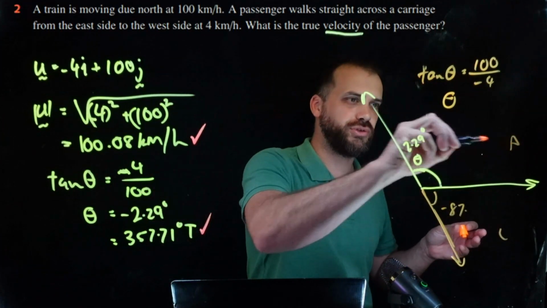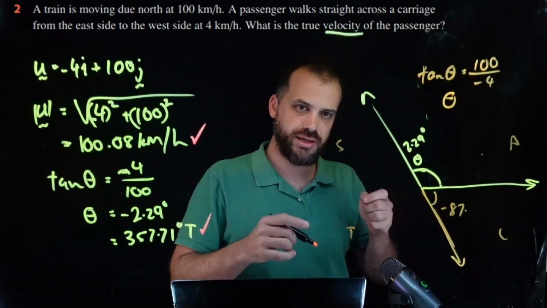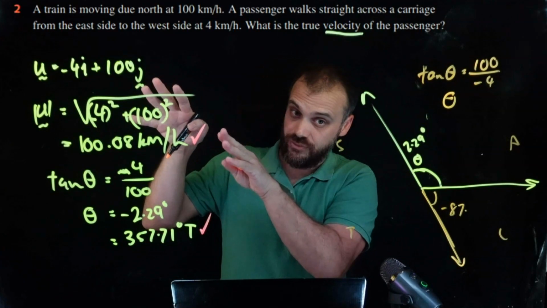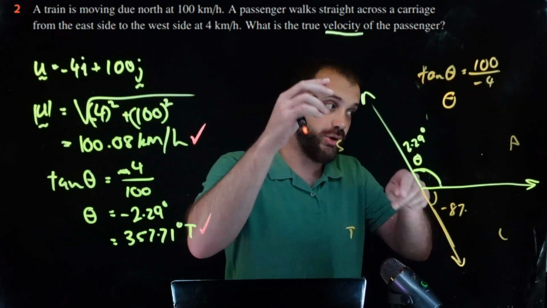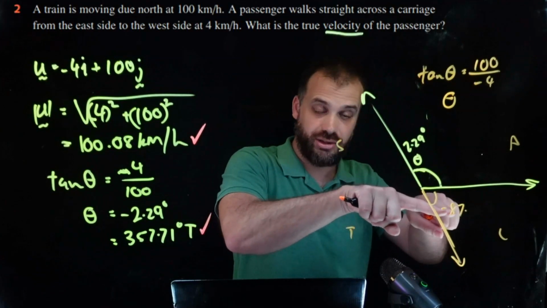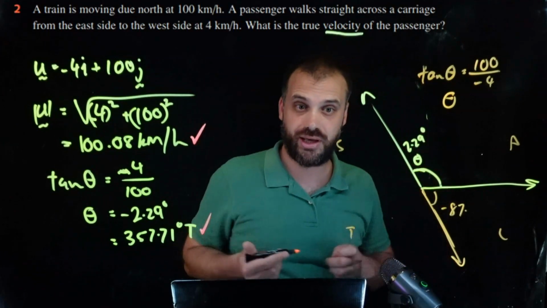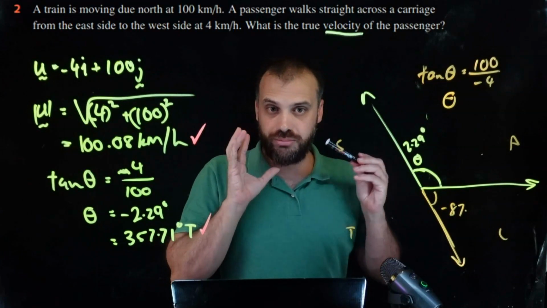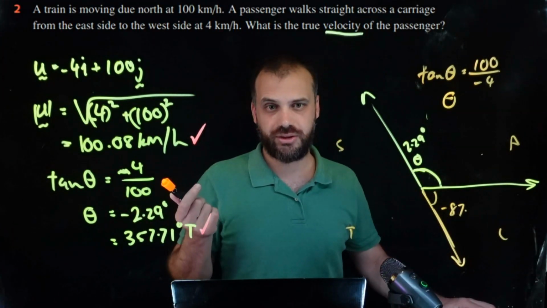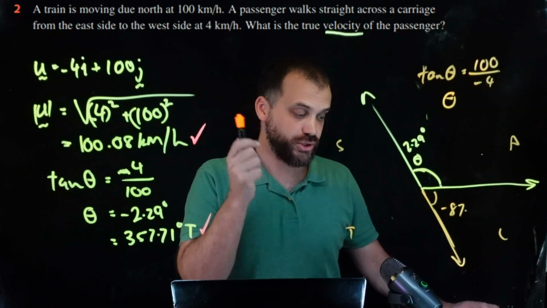You might have learned CAST. Tan is negative in this quadrant and this quadrant, and given the information we've got, that's the quadrant we wanted. So we're still going to have to use our brain and convert this angle, add 180 to it and convert it to that angle over there. So no matter how you slice it, if you're not drawing pictures in these things, you're probably not going to get the right answer. On to question 3.